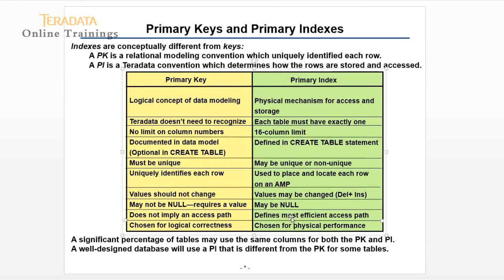Ideally, we won't create any major tables. We'll create our work tables or temp tables in between, and there we define the primary index for our convenience. But for most of the dimension and fact tables in real time, we don't define the primary index and secondary index, because it will be taken care of by your data modeler.